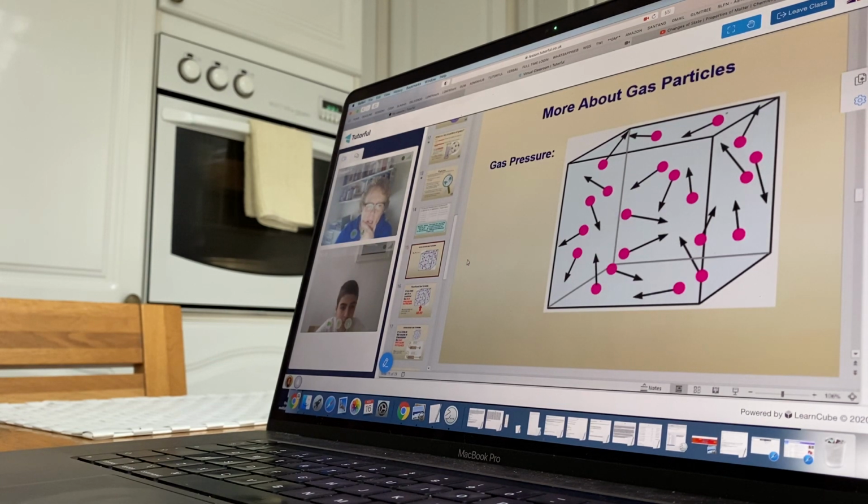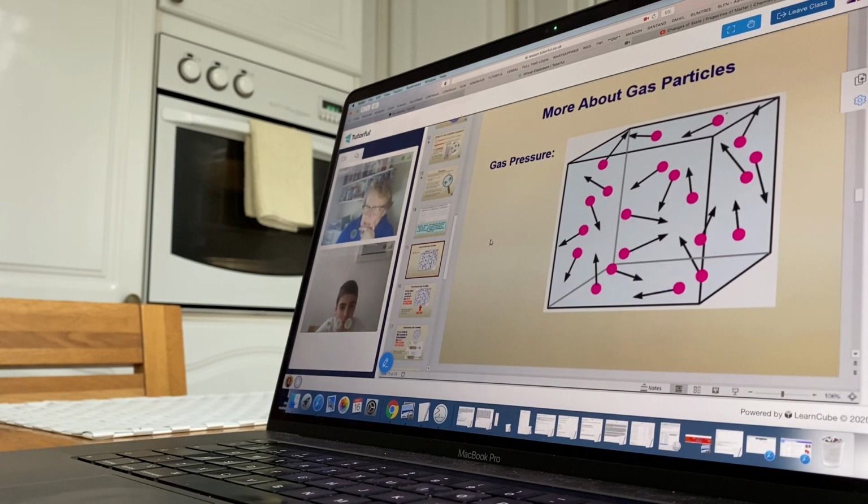So here's an idea. If you heated up the gas, what do you think might happen to the pressure? The pressure would get lower. Why do you think that? Because it could be weakening it. Okay.